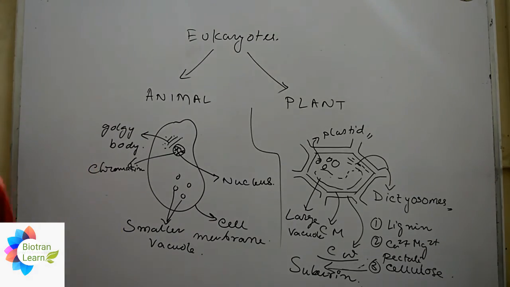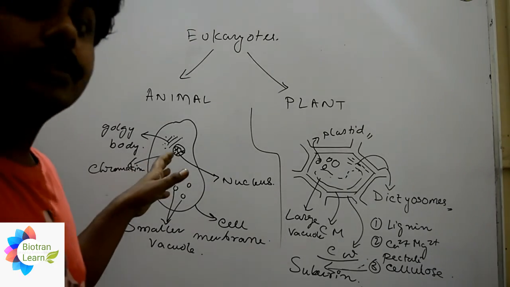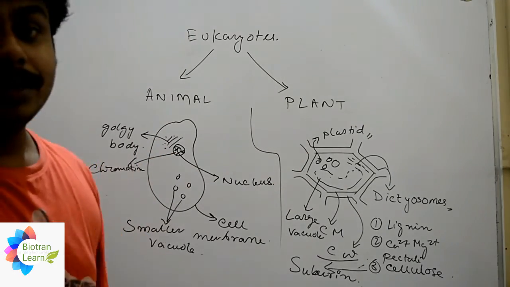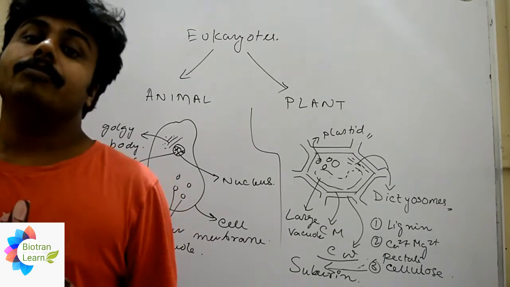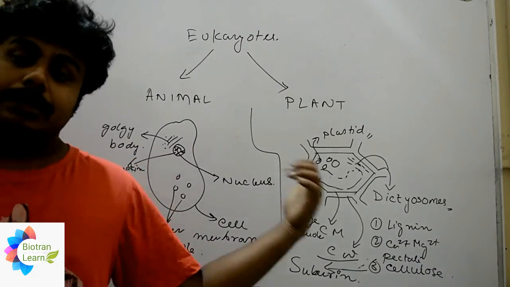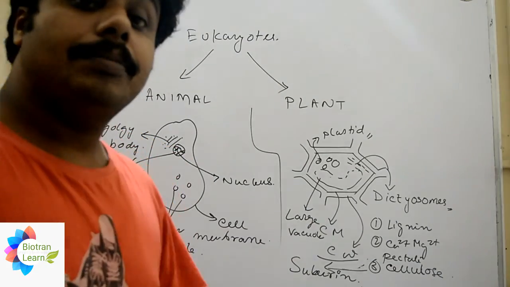We will take the animal cell first, because it is much easier than the plant cell. So first let's discuss the structure of the animal cell, and then we will move forward to the next structure, that is, the plant cell, right?